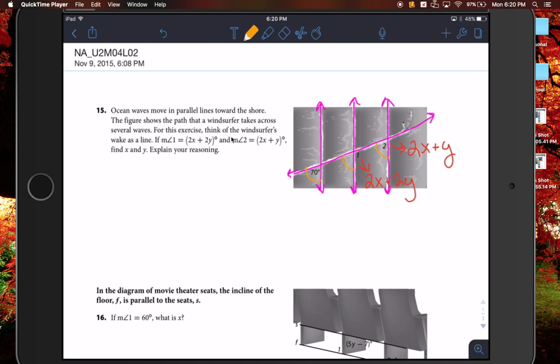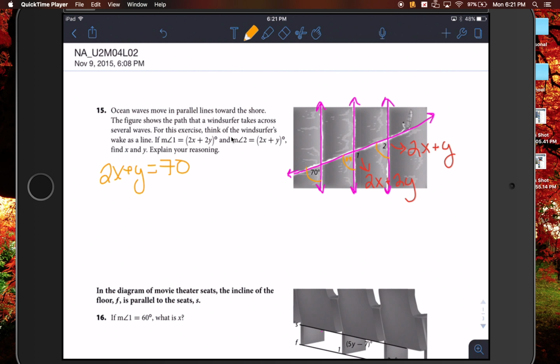So if 70 is congruent to this angle here, and this angle here is congruent to angle 2, then I know that angle 2 and 70 and this angle here are congruent. So actually, angle 2, which is 2x plus y, equals 70 degrees.